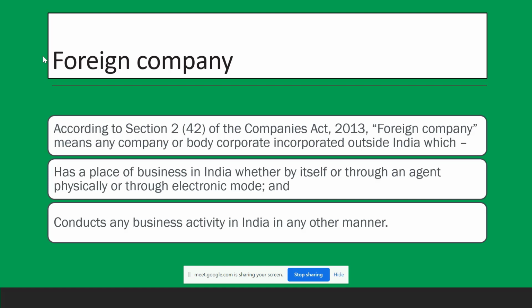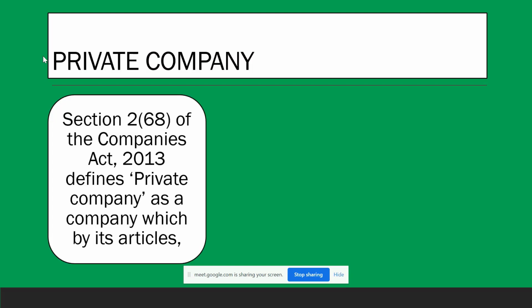So basically, the company is incorporated outside India and is doing business, whether by itself or through an agent, physically or through an electronic mode, even if they are present virtually in India. Whatever way they are running the business, if they are incorporated outside India, it will be called a foreign company. Then a private company.